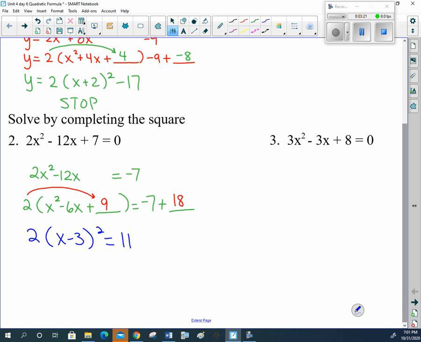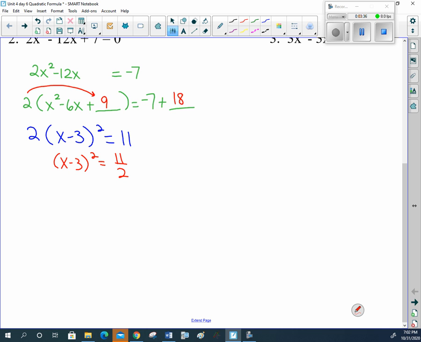And now we're going to continue to solve. And then we're going to go ahead and divide by 2. So we're going to have x subtract 3 quantity squared equals 11 divided by 2. And then we're going to take the square root of both sides. So x subtract 3 equals plus or minus the square root of, I'm going to actually separate that radical so we can see how we're going to rationalize that.